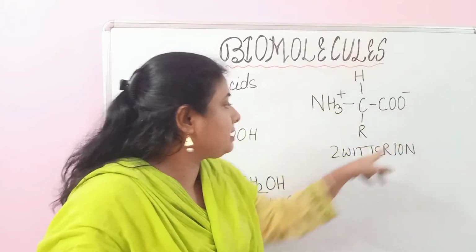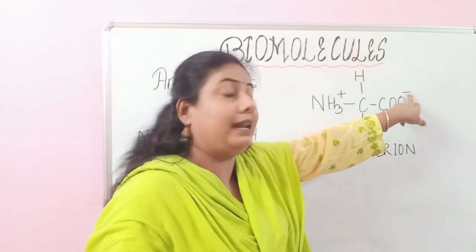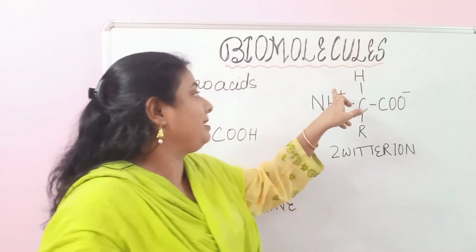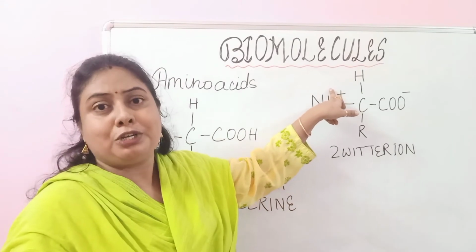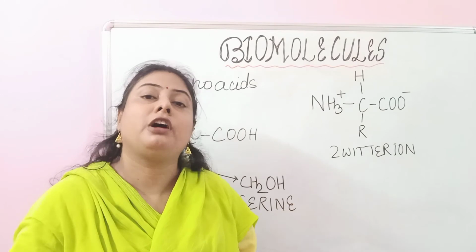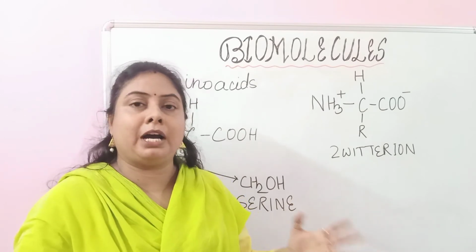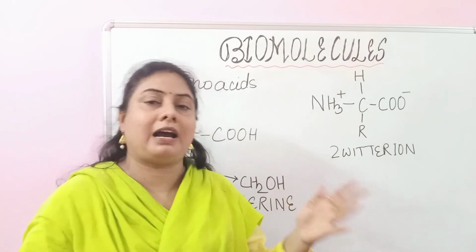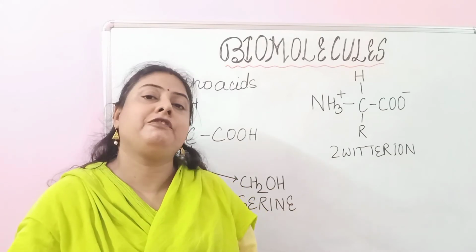So see, in the same amino acid we find a negative charge as well as a positive charge. So this is the zwitterion configuration of amino acid, where the amino acid is carrying a positive as well as a negative charge.